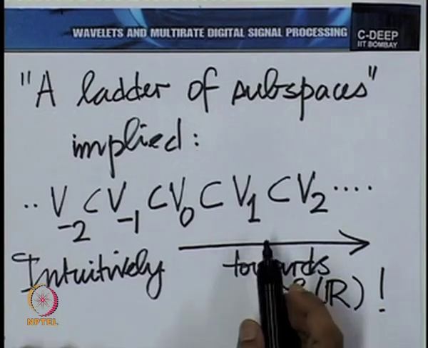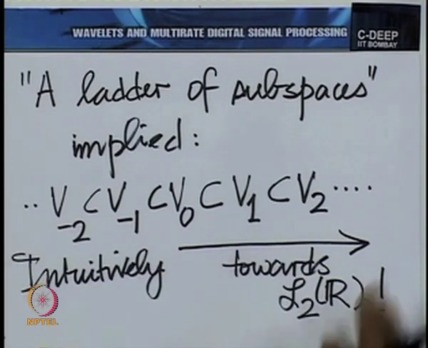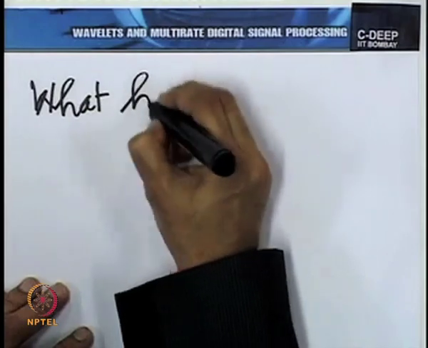Of course, it is an important question what happens when we go in this direction. That is interesting. We will spend a minute now and reflect on that. So, you see what happens when we go leftwards.